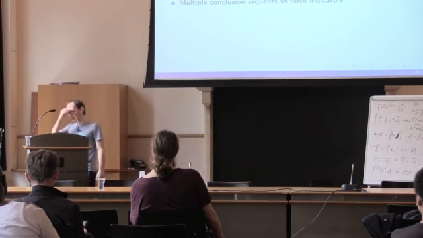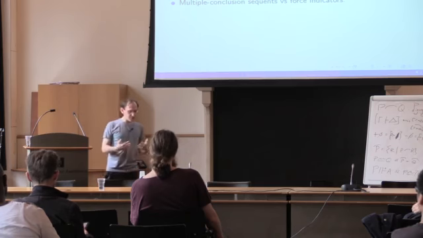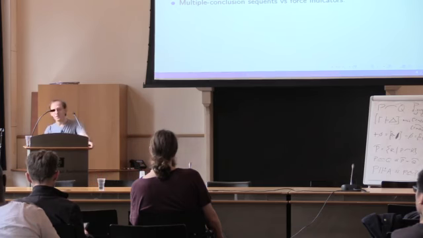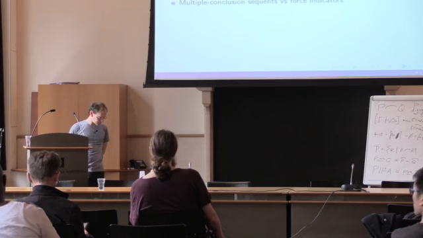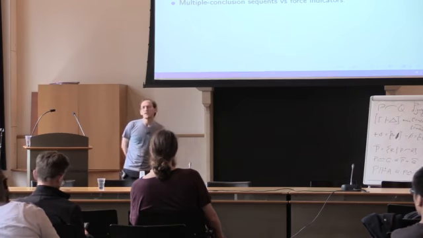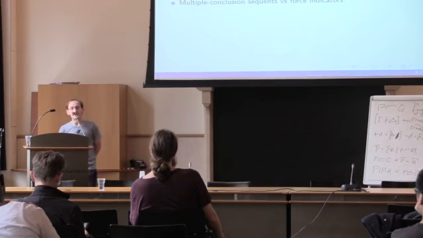More recently, Luca and Julian have further extended this approach with other kinds of speech acts, like weak assertion and weak denial. But there's this other approach, which is also bilateral, and which doesn't use these force markers, but instead, at least from a formal point of view, uses multiple-conclusion sequent calculi.